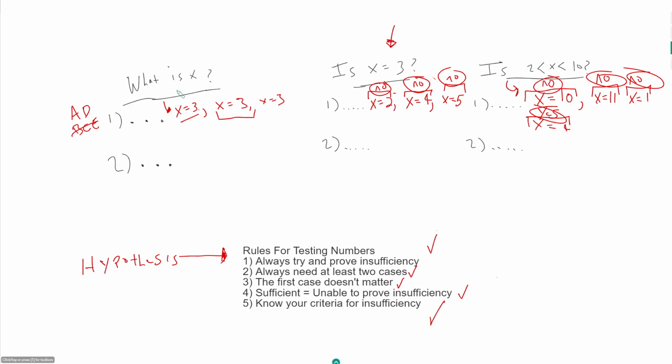For example, here, if I get x is equal to 3 for the first example I choose, and then I choose another example and I get x equal to 3 again, well, sometimes, even though you've only chosen 2 examples, you sort of see the algebra. You see the reason why you keep getting 3 as an outcome. And when that's happened, that's just as good as having proven algebraically. And so you can say sufficient at that point.